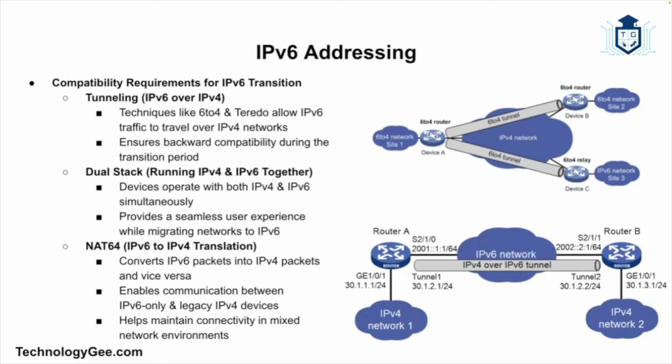Dual stack implementations enable devices to support both IP version 4 and IP version 6 simultaneously, which provides a seamless user experience during the migration process. And then you have what is called NAT64, or Network Address Translation 64. This facilitates communication between IP version 6 and IP version 4 devices by translating IP version 6 packets into IP version 4 packets and vice versa.